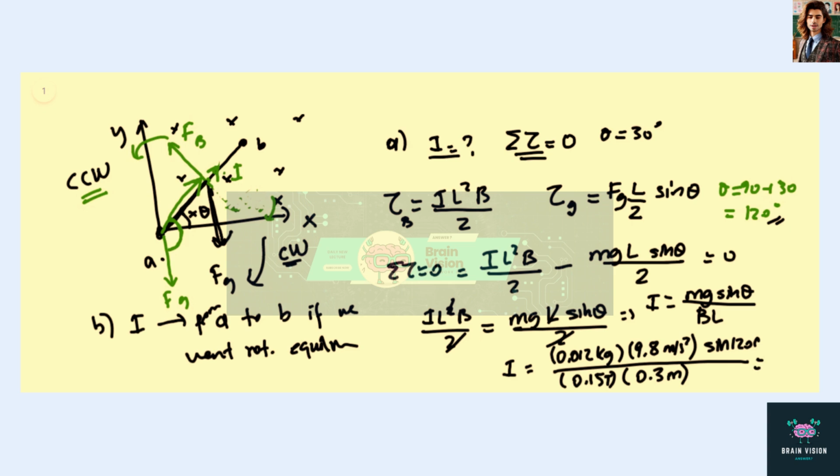So when we plug everything in, we find the current to be 2.26 amps. And again, this current has to go from point A towards B for the rotational equilibrium to be preserved.